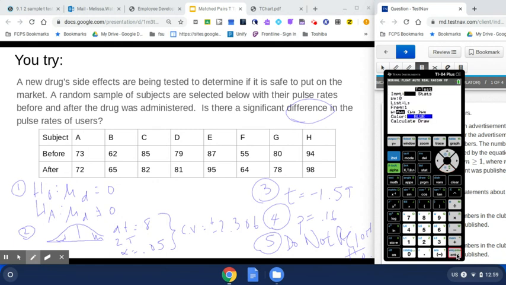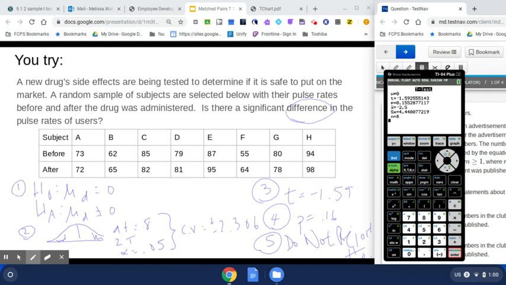I highlighted data. Again, the null hypothesis is 0. We're looking at the differences, which are in list 3, and I highlighted the not equal to case for the alternative. We get a test statistic of negative 1.59 with a p-value of 0.16.